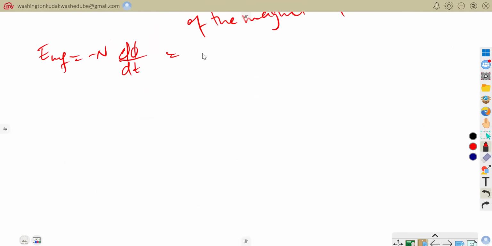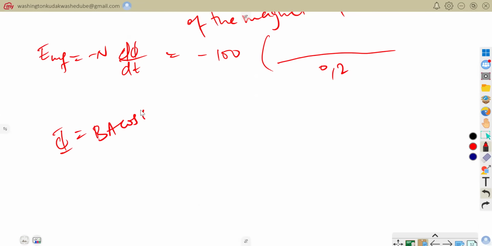So now the number of turns is equal to 100. And then the change in magnetic flux, everything has to be divided by the time taken, which is just 0.2. Phi is equal to B A cos theta.